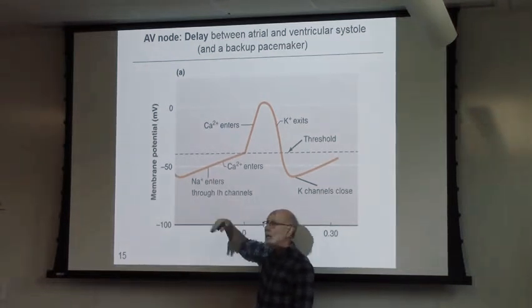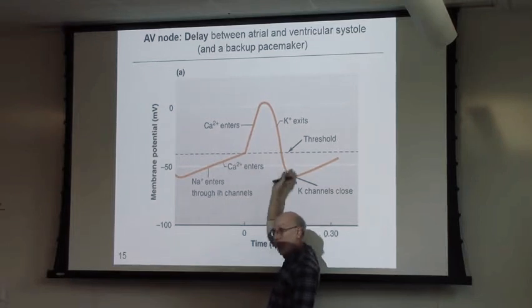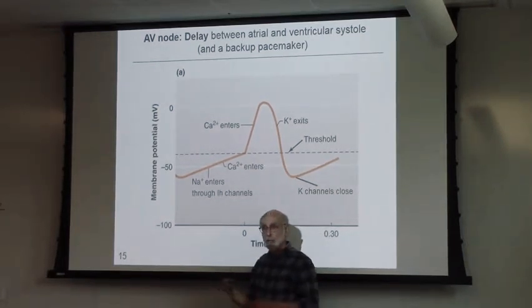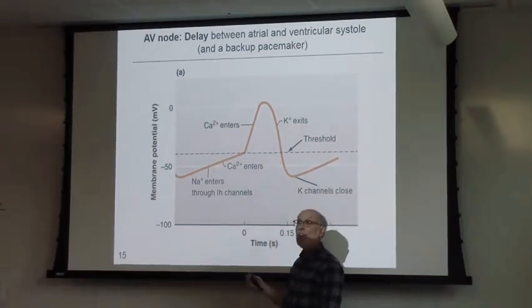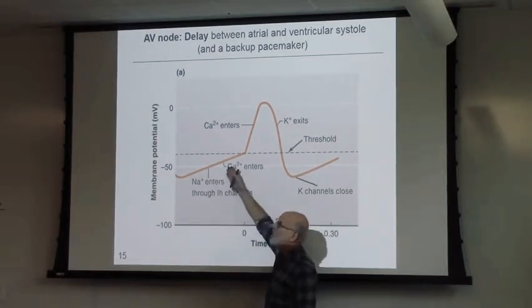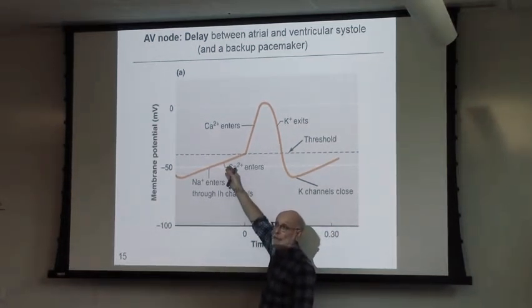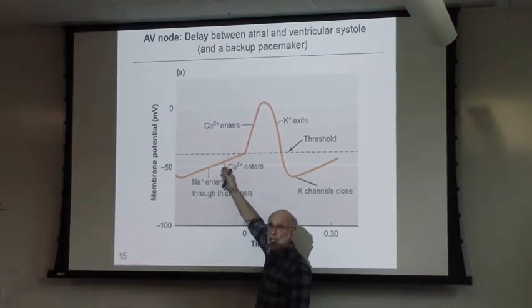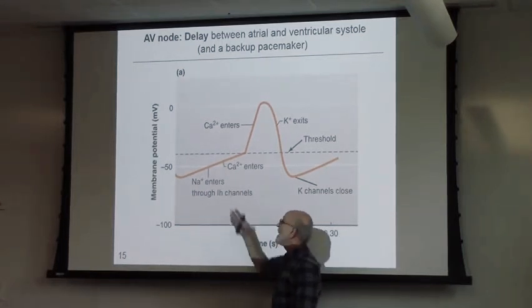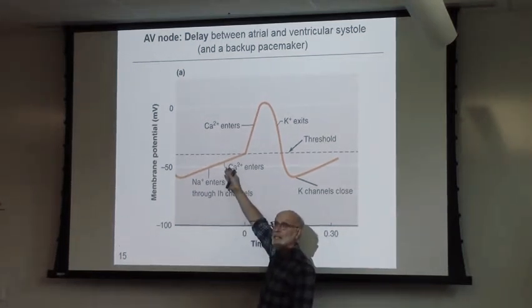So the SA node reaches threshold and fires the action potential and is the driver of the heartbeat. That spreads throughout the atria, and then it spreads to the AV node, which is normally the follower because its slow depolarization is too slow to reach threshold by itself. But the advantage is that if it doesn't get a signal from the SA node, it'll reach threshold and fire an action potential. That gives us a backup.